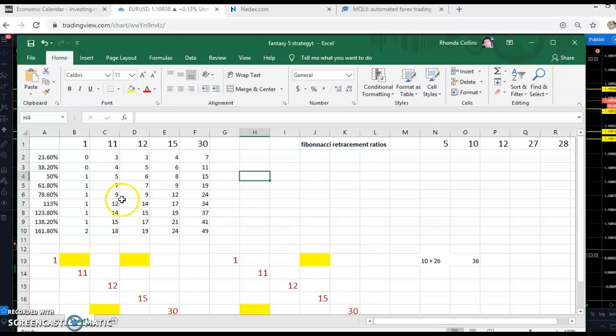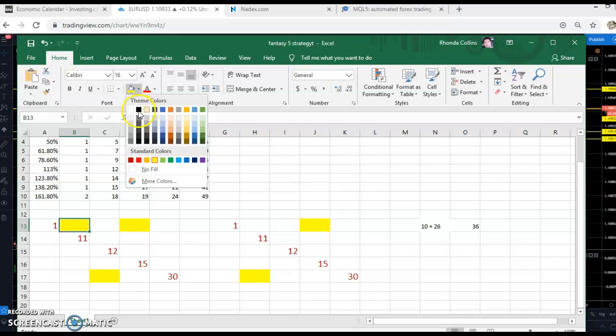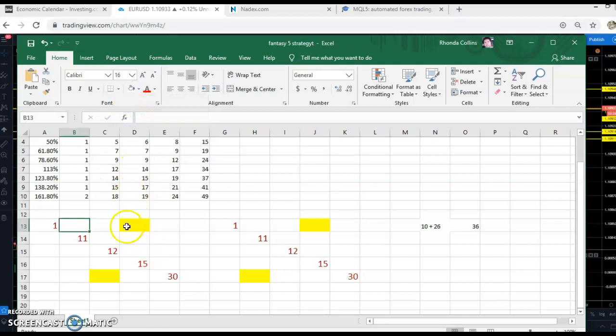Definitely have the 12. And 27 and 28 are not in here, but once I do my other workout, I will see how this list can help me determine some more numbers.